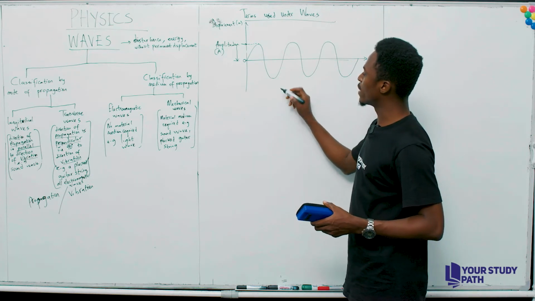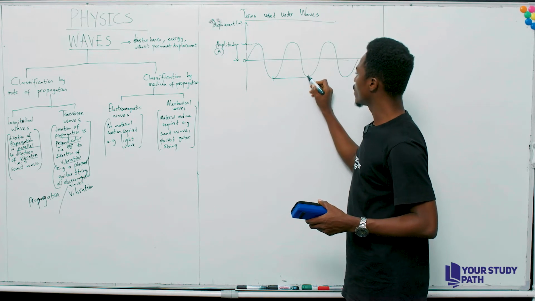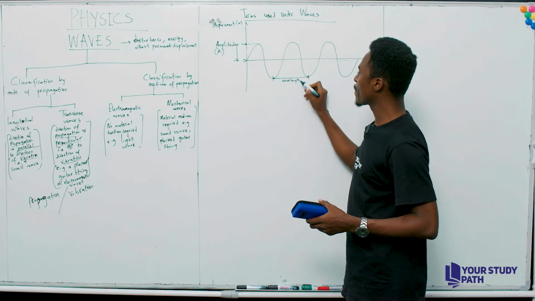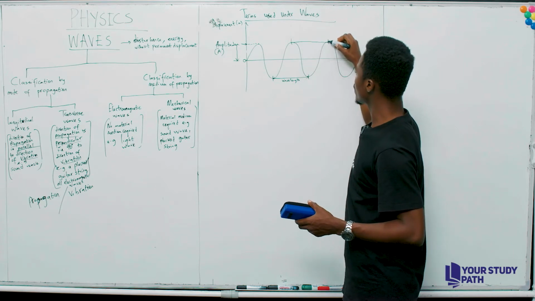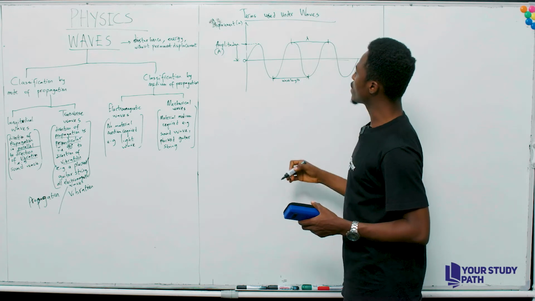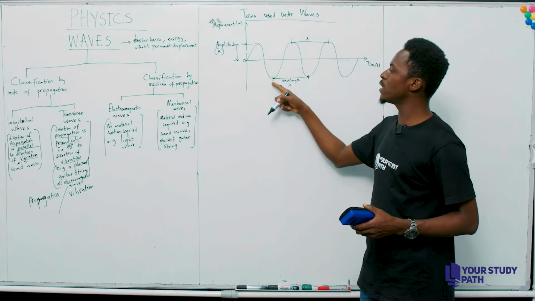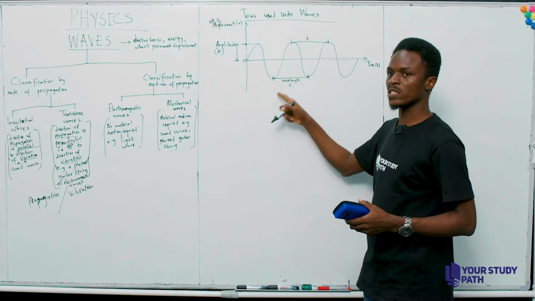Aside from that, from this diagram, the distance from ear to ear is known as your what? Wavelength. It is also the same as the distance from ear to ear. That is called your wavelength, lambda. We say it is the distance between two successive crests or two successive troughs.